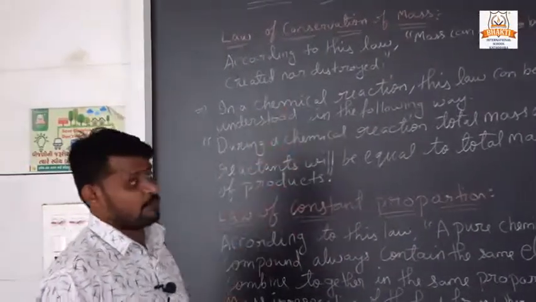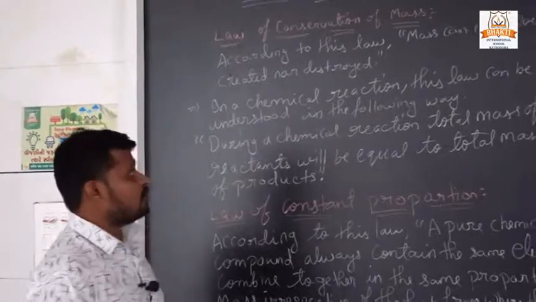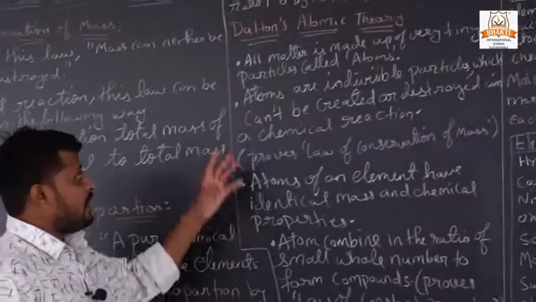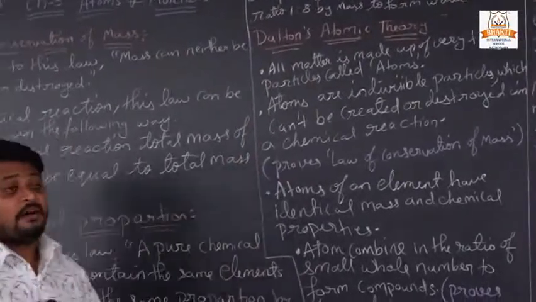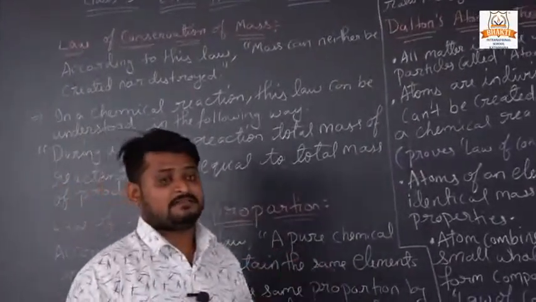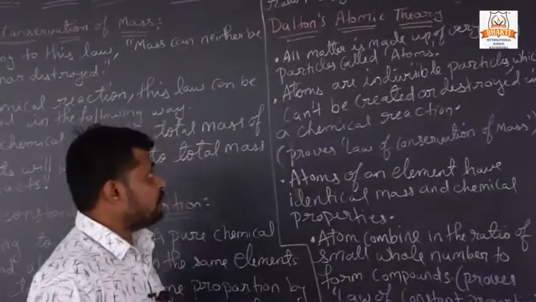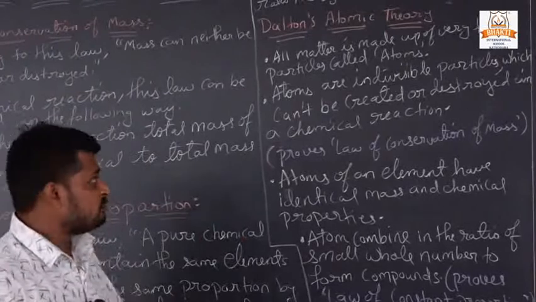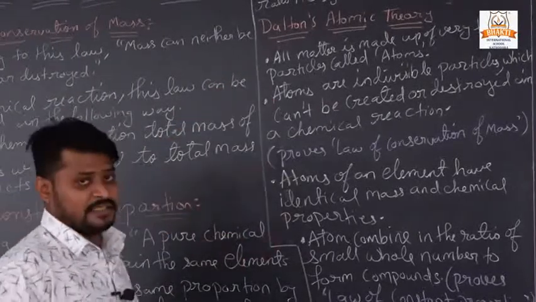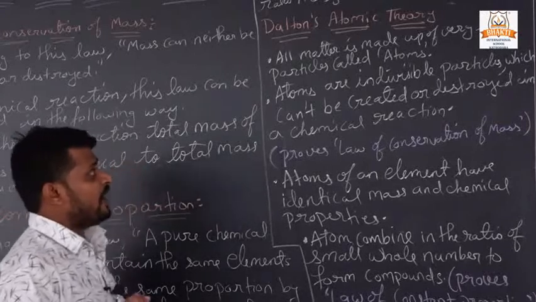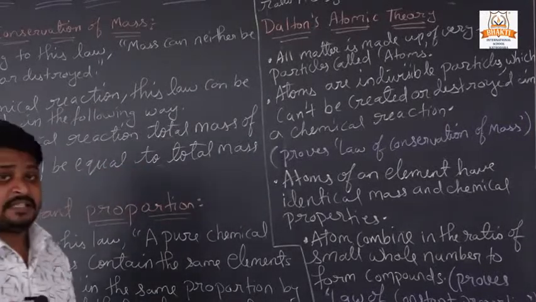So these two laws are very important in chemistry and physics. Now Dalton's atomic theory. On this basis Dalton gave us an atomic theory, and it has four points. First, all matter is made up of very tiny particles called atoms.